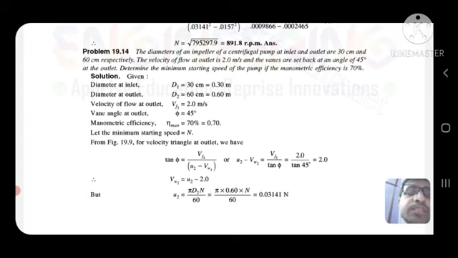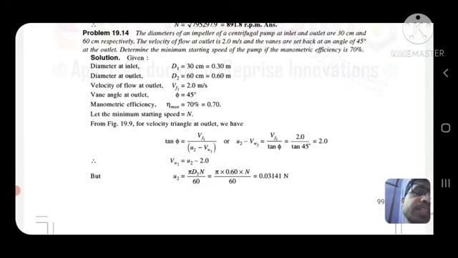The diameters of an impeller of a centrifugal pump at inlet and outlet are 30 cm and 60 cm respectively. The velocity of flow at outlet is 2 meter per second. Vanes are set back at an angle of 45 degrees at the outlet. Determine the minimum starting speed of the pump if the manometric efficiency is 70%. So D1 is 30 centimeter, 0.3 meter.